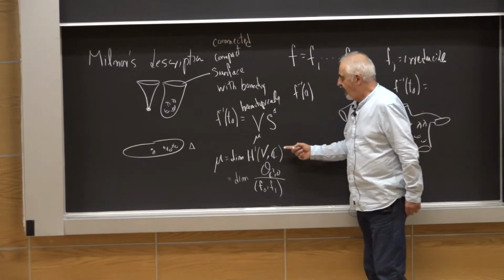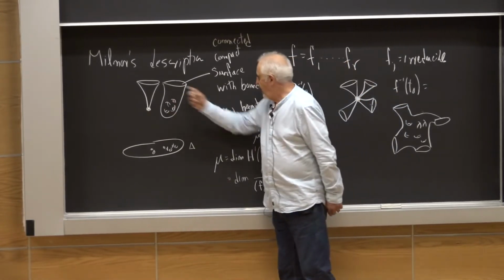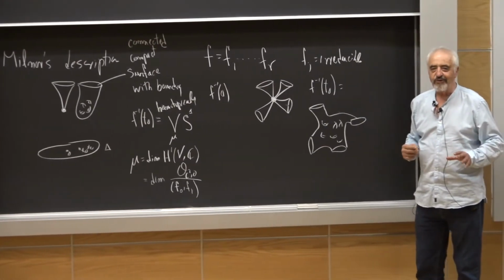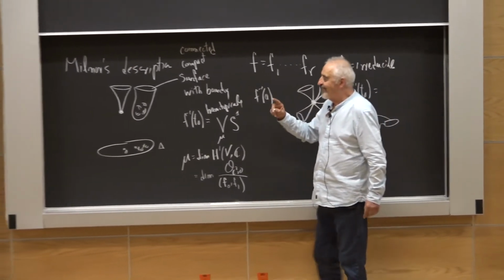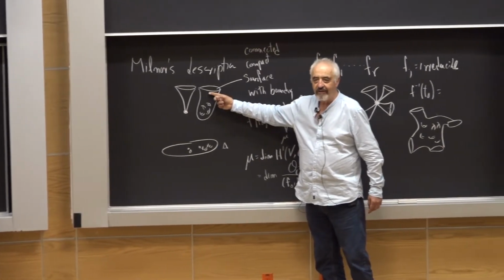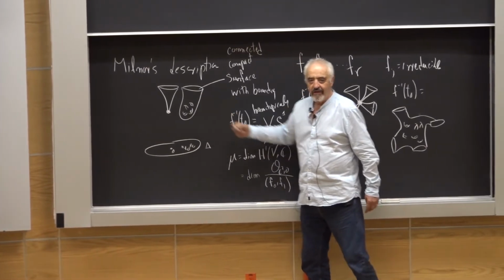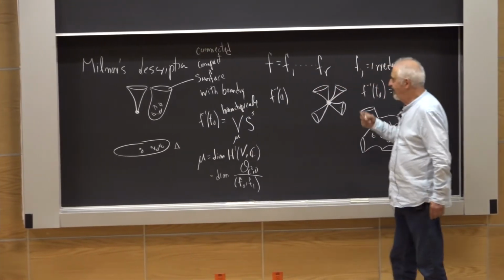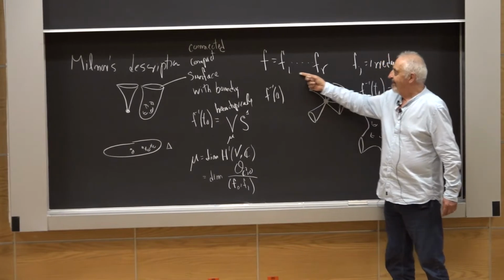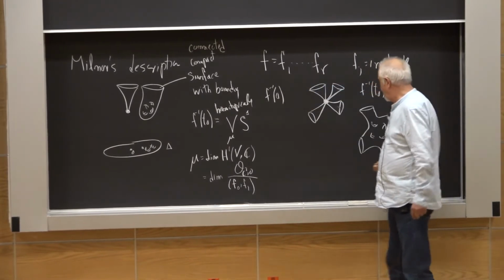What I'm going to say is going to be most interesting if there is more than one connected component in the boundary. So to make things more interesting, we're going to be assuming that there are several irreducible components.